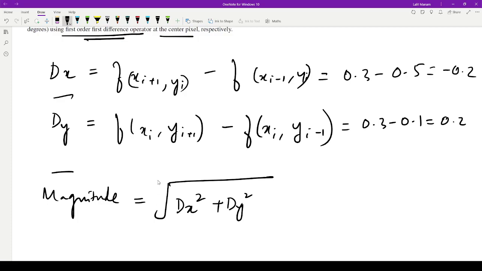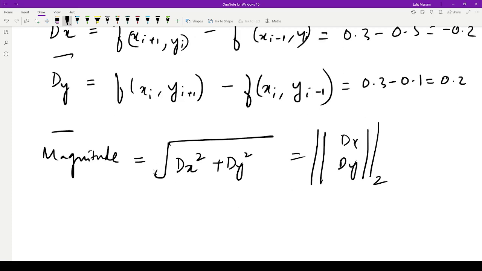Magnitude is just the Euclidean norm of dx, dy. That's all. The L2 norm. Since you are in two perpendicular directions, the magnitude will just be the Euclidean norm, generally speaking. So what does it give?